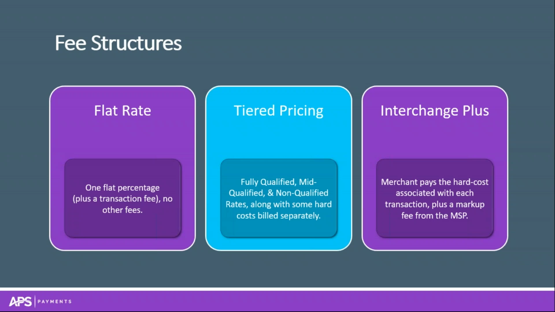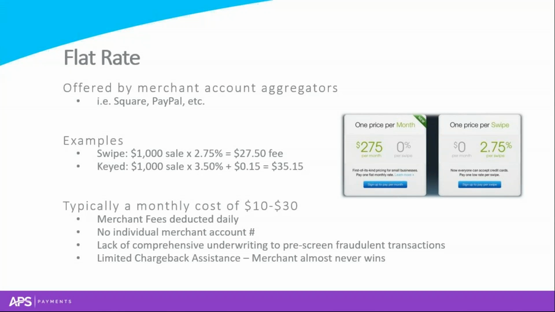This is further broken down into three different buckets: fully qualified, mid-qualified, and non-qualified cards. And on the right-hand side, we have interchange plus, and that's the hard cost of credit card acceptance, which is passed down to you, the merchants, plus a small markup percentage. So we'll go through a little bit more depth and give you some more understanding of what exactly that is.